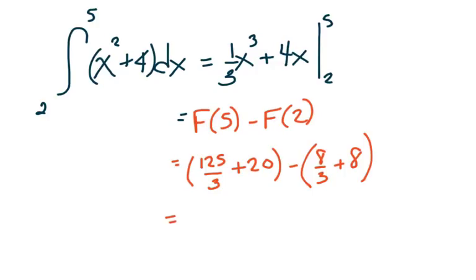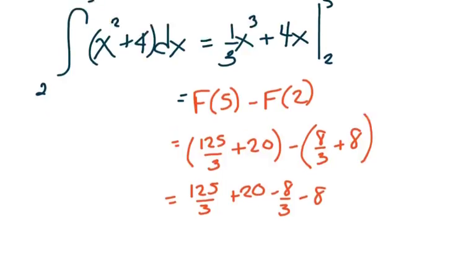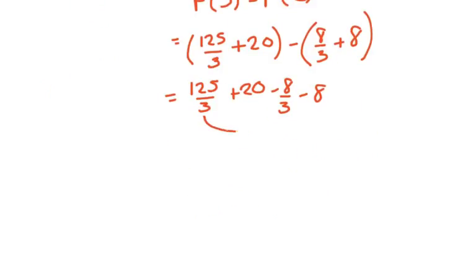Now, to do this kind of quickly, what I'm going to do is say that's 125 thirds plus 20 minus 8 thirds minus 8. And you can collect the way you want. I, however, am going to collect those two and get 117 thirds plus 12. That's from the 20 minus 8.